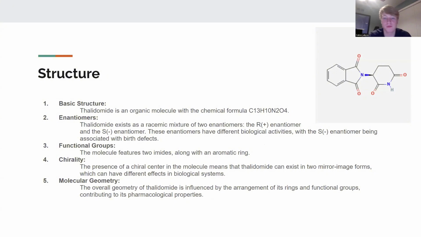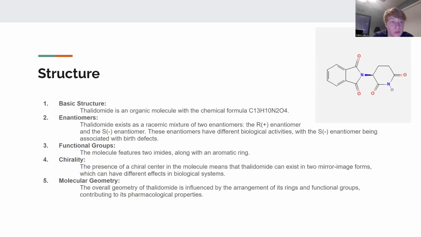So, starting off with the structure, thalidomide is an organic molecule with the chemical formula C13H10N2O4. As you can see in the top right, it has a chiral center at that carbon that's connected to the nitrogen, which is why there's the wedge there.